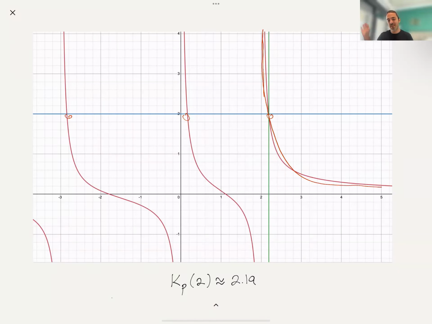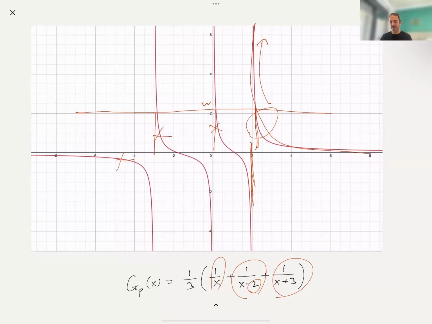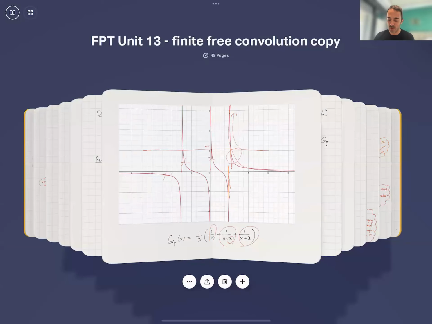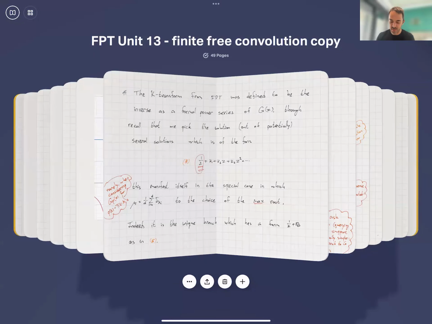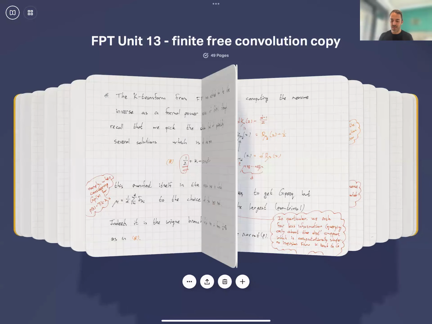If you take the Cauchy transform and you're far away, then all of these things look like 1 over x, so you get 1 over x. So choosing the max root is precisely the same thing as choosing the inverse that looks like 1 over z plus something. Just a remark, we won't really need it, but I do want to connect what we did in free probability and finite free probability, so I thought it's worth saying.